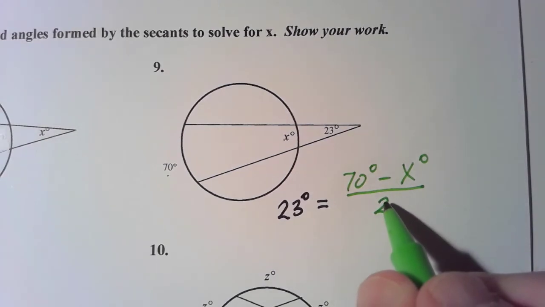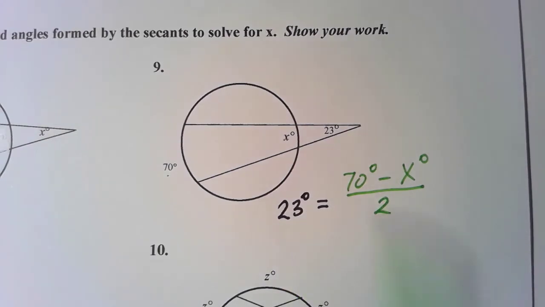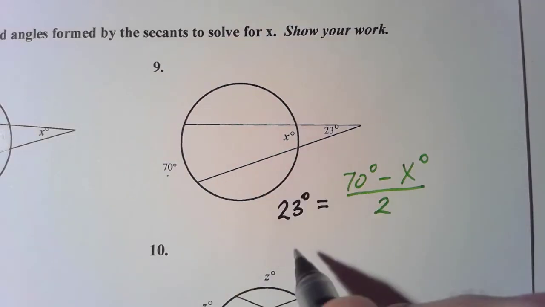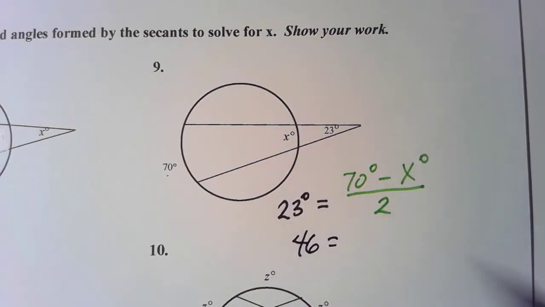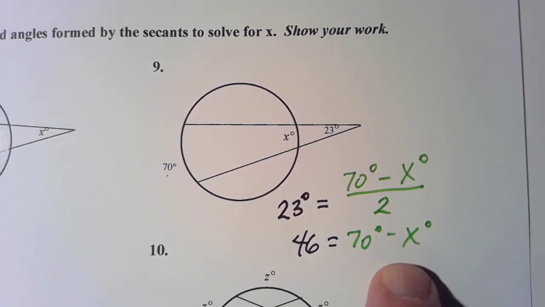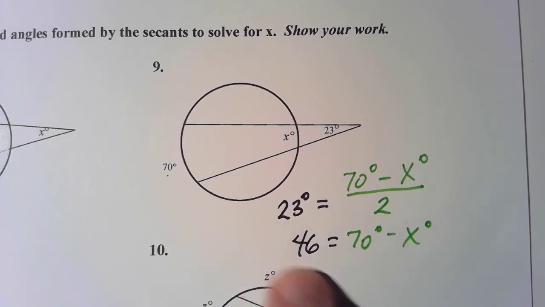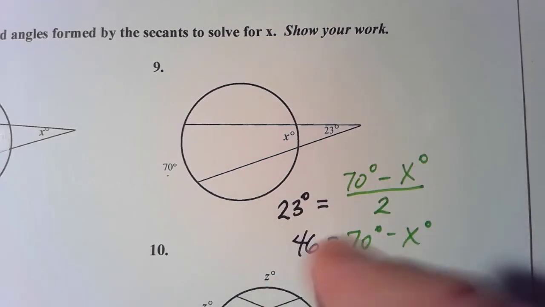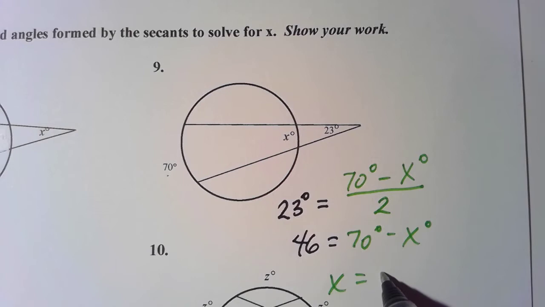So once again, we will multiply that 2 over. We get 46. 46 equals the 70 minus the x. And now we can just switch places. Subtract 46 from both sides, add x over there, and we'll get x equals, I believe that's 24.